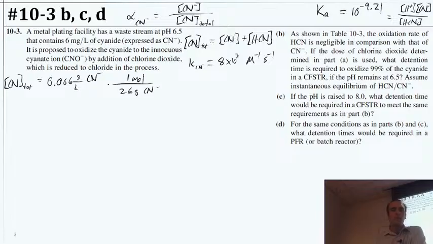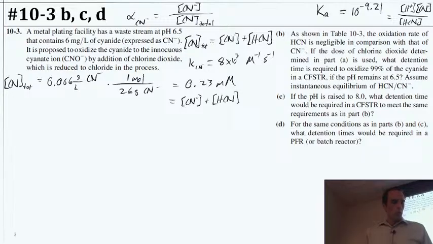The molecular weight of carbon is 12, nitrogen is 14. That gives us 26. So this should come out to be 0.23 millimoles of cyanide. Well, total expressed as cyanide. We'll just leave that as moles per liter of cyanide. We can also say that's equal to our CN minus plus HCN.